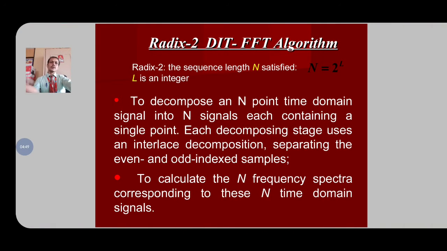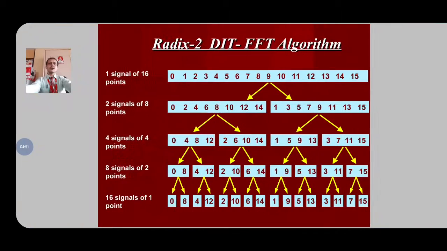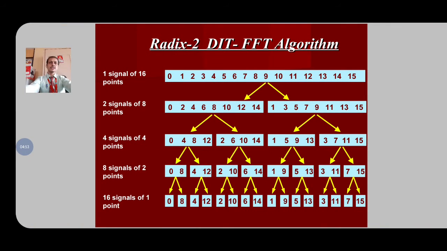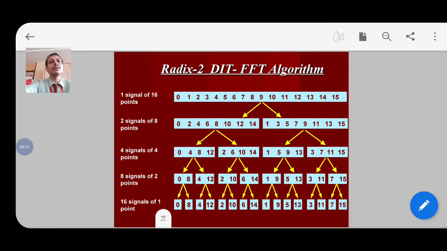Even and odd means, for example, here we consider a 16 point DFT. In the DIT FFT algorithm, how are we going to divide these values? 16 points means it starts from 0 and ends at 15.